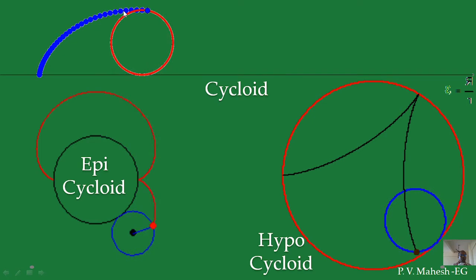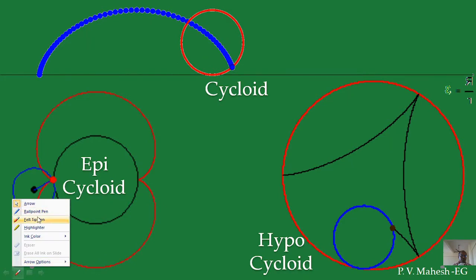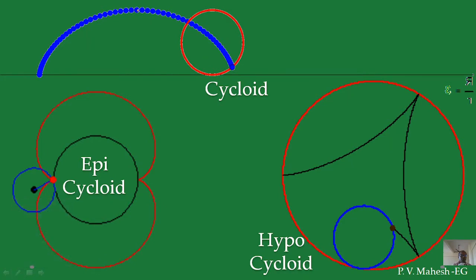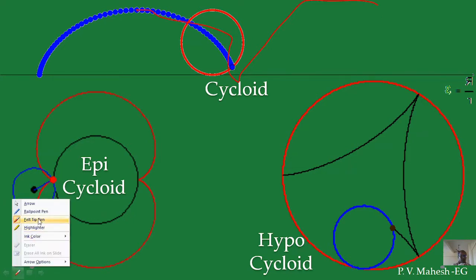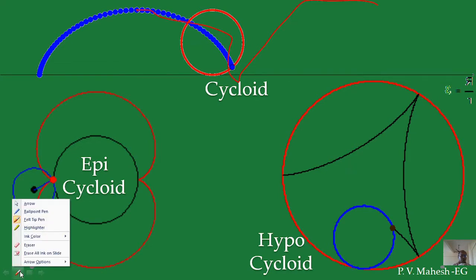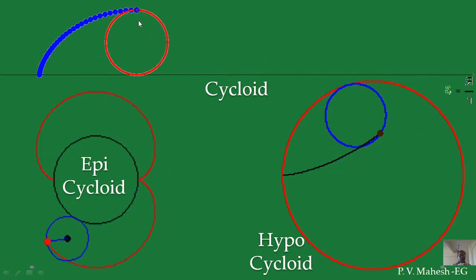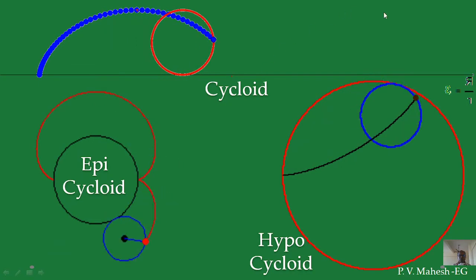If the point is starting from the top end, then the curve will start from this point, and it will come like this and go like this.